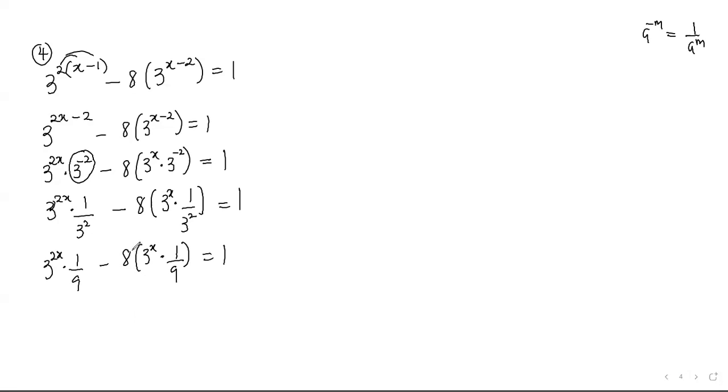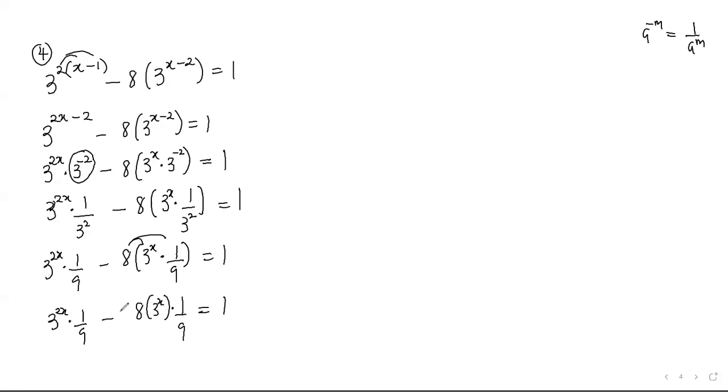Because this 8 is right here, I can distribute 8 into everybody here. I hope you're getting this. This is 8 multiplying everybody here, okay? That is pretty much how it looks.